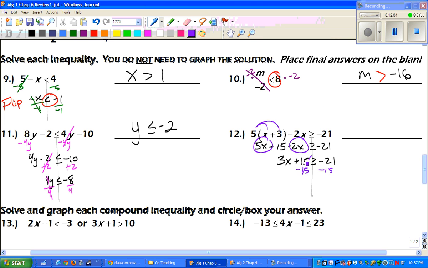Start solving. 3x is greater than or equal to -36. To get the x by itself, you have to divide. And when you're all said and done, x is greater than or equal to -12.